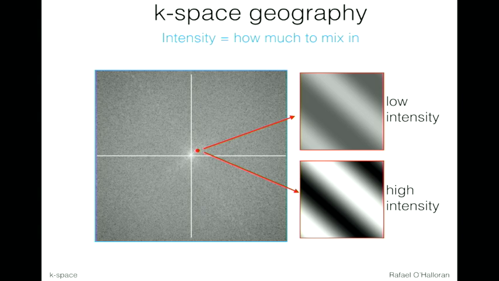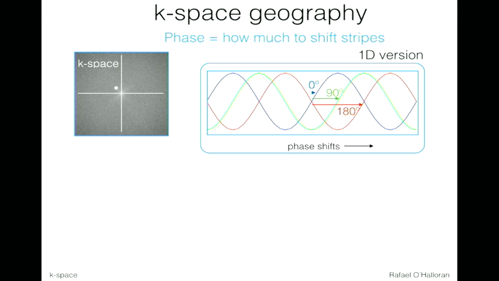And then finally, the phase. I think it's easier to see in 1D first, so I drew a 1D version of the wave, but if I give three different phase shifts, 0, 90, and 180 degrees for the same stripe pattern, all it is is that wave shifted by whatever amount it is. And as I said before, if I go all the way to 360 degrees, I'll get back what I had at the 0 degree one.